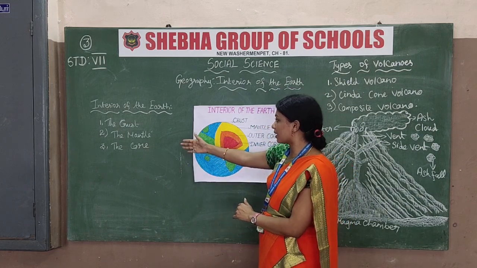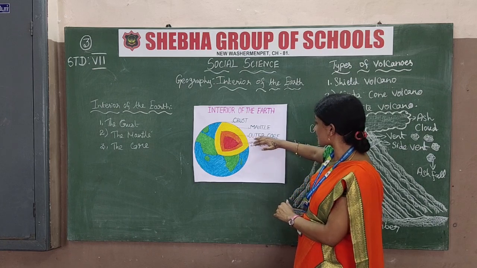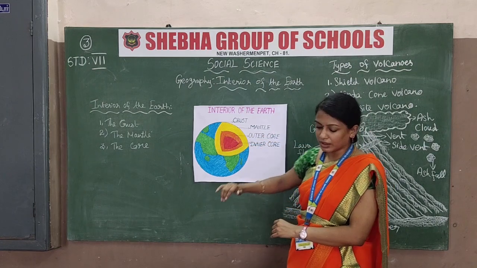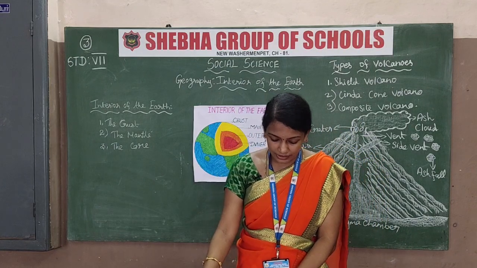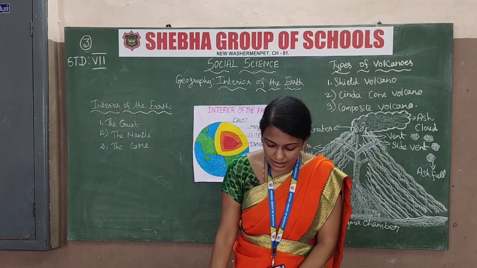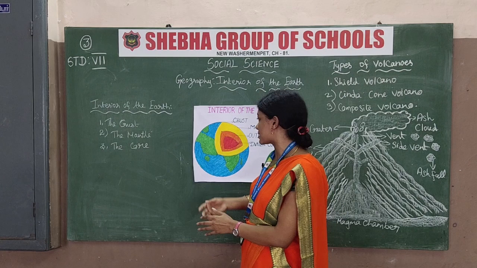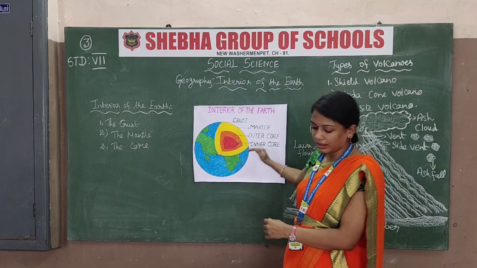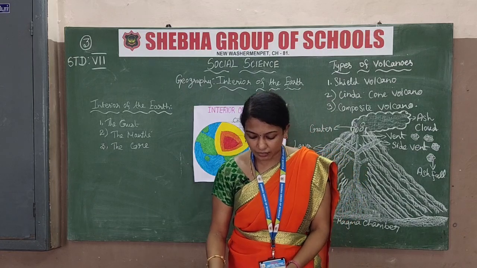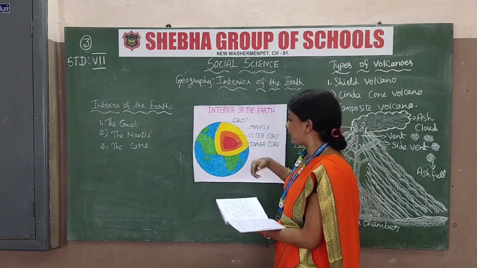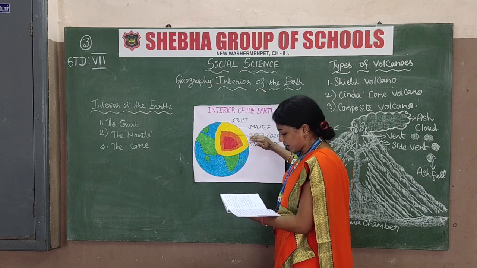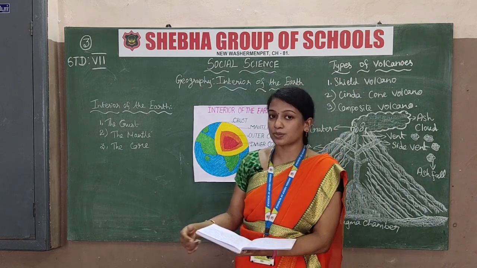Next we are going to see the core. The core is divided into two types, outer core and inner core. Here is the Weizsäcker-Gutenberg discontinuity. The innermost layer of the earth is called the core. It is also known as the barysphere. What is the other name for the core?